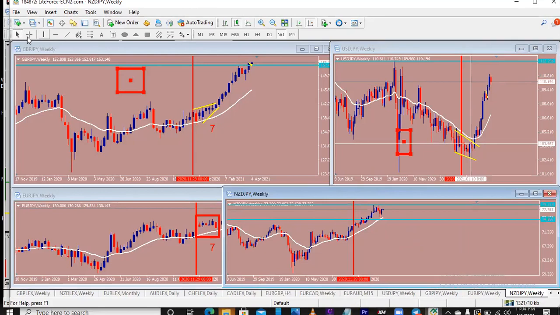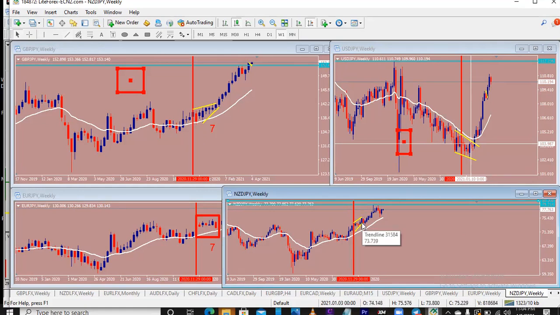Let us count 7 days. 1, 2, 3, 4, 5, 6, 7. Now NZJPY, just like Great Britain JPY, it went up, but it was going up in a range manner with no full speed, right? Yes. Now this is the weekly time frame.